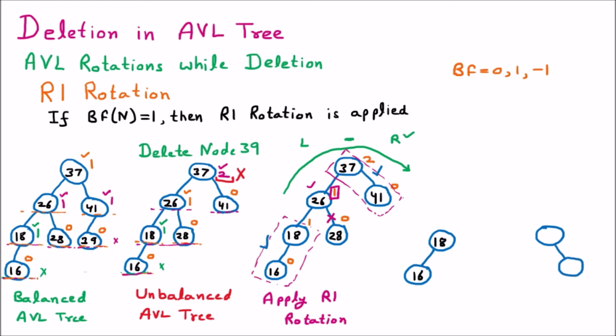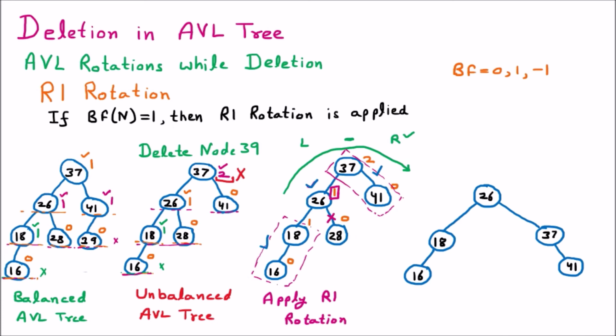So these two are taken. Writing here 37 and 41. Now to connect these two couples, we have to take one node here, and that node we already have, which is 26. So this 26 node will be there, and that will combine these two couples. So 26 will come here.